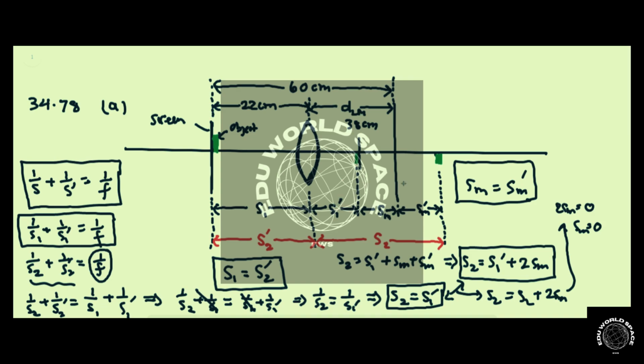DLM is the distance between the lens and the mirror, so this distance is 38 centimeters. That means S1 primed is the same as DLM, so S1 primed is equal to DLM, which is 38 centimeters.